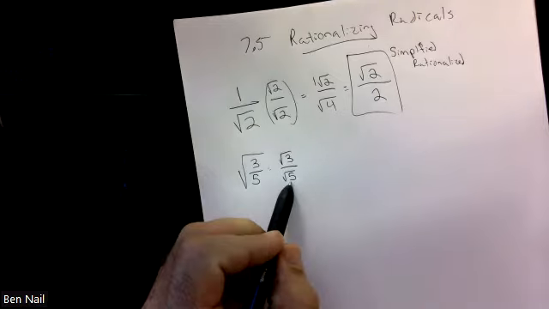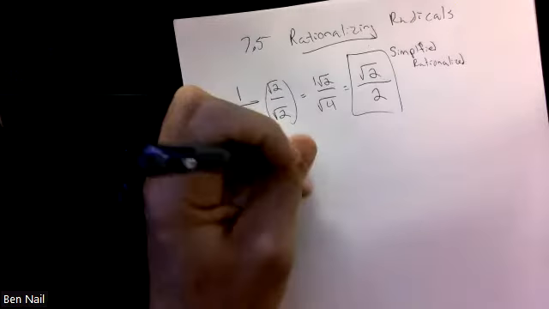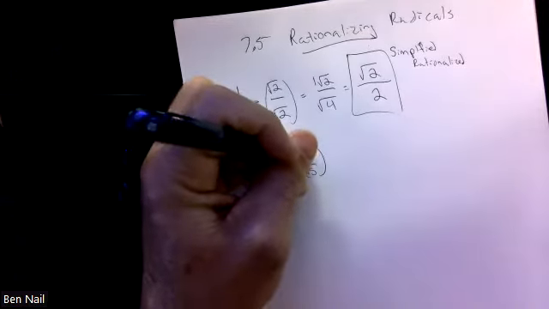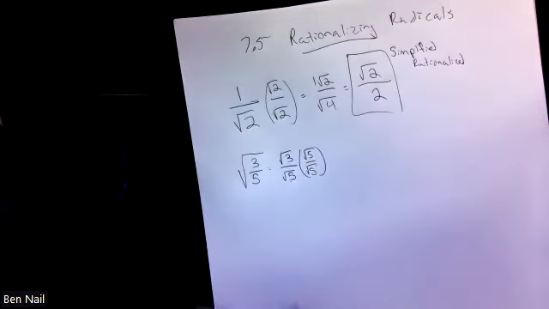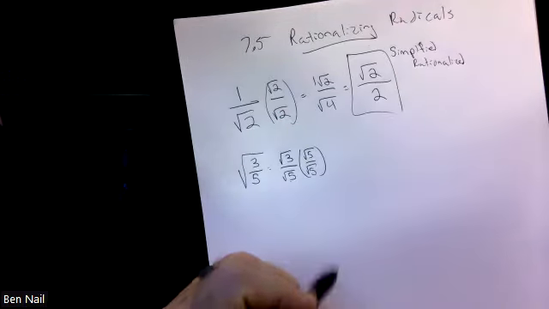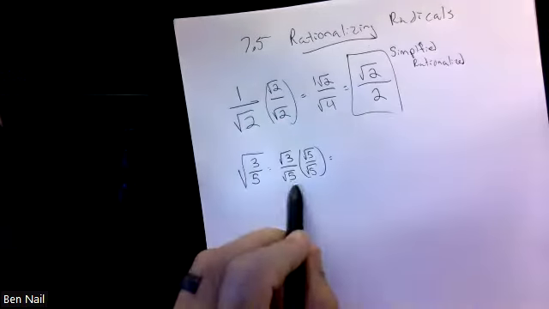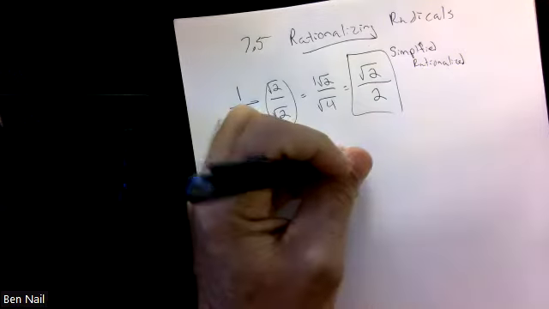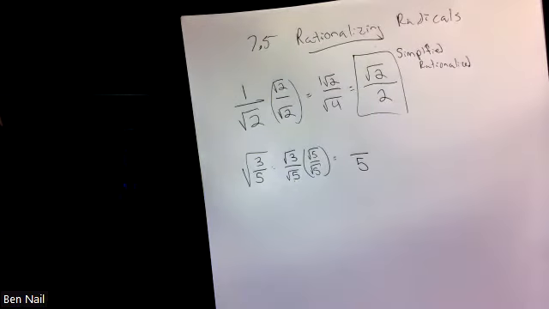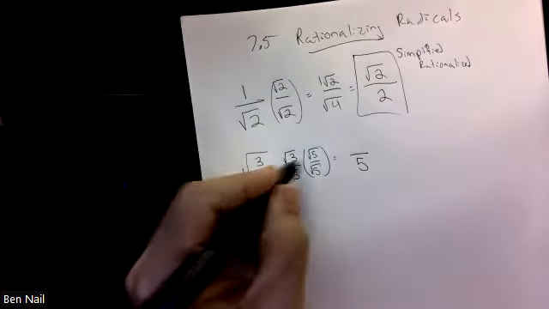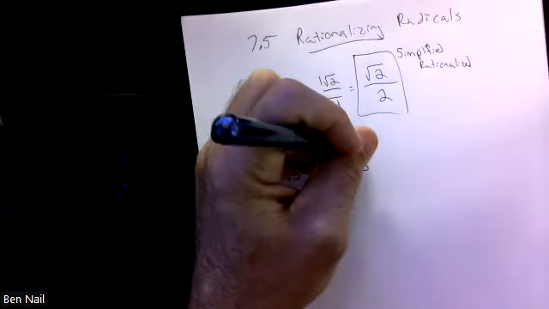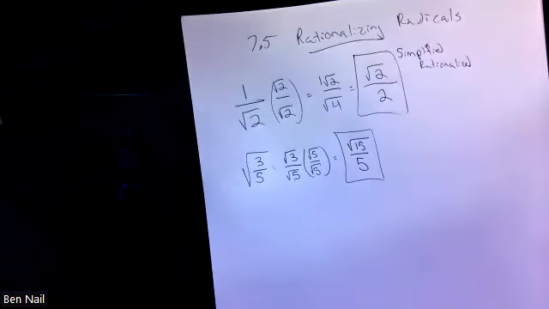And again, to get rid of a radical on the bottom, we're essentially going to take it times itself. And whatever you multiply to the bottom, you also have to multiply to the top. Square root of 5 times the square root of 5 is 5, no longer a radical. Root of 3 times the root of 5 is the root of 15. So again, that is considered simplified or rationalized.